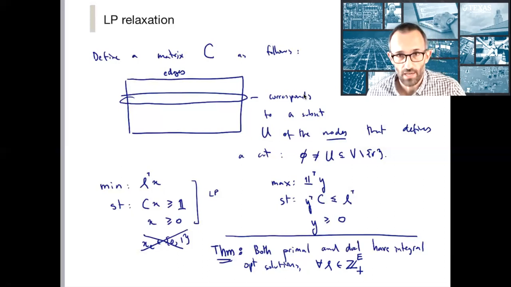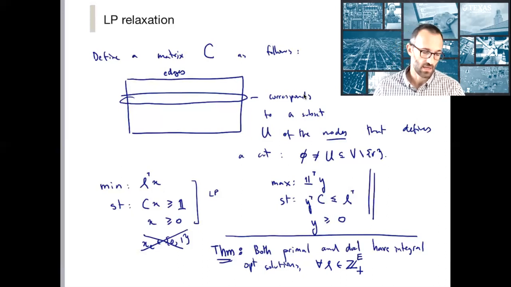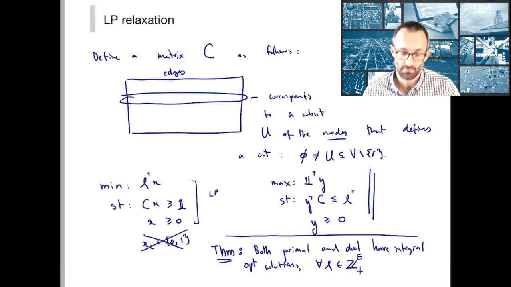Okay, so now enter total dual integrality. So what is it enough for us to show? Total dual integrality says that to prove this theorem, it is enough to show that this max here on the right-hand side has an integral optimal solution.